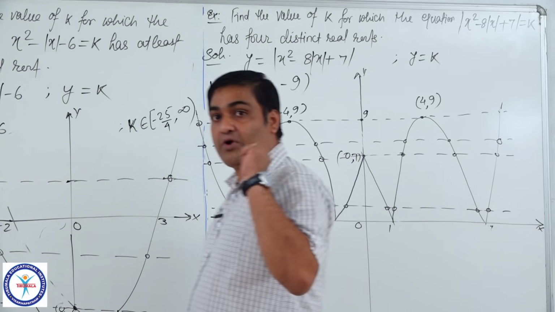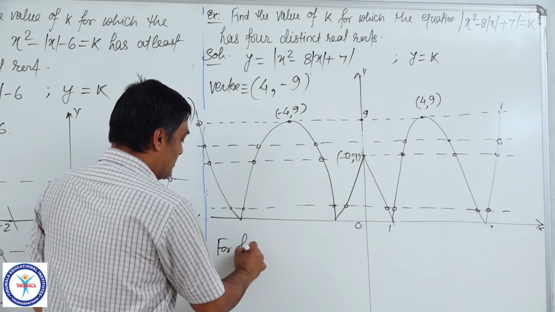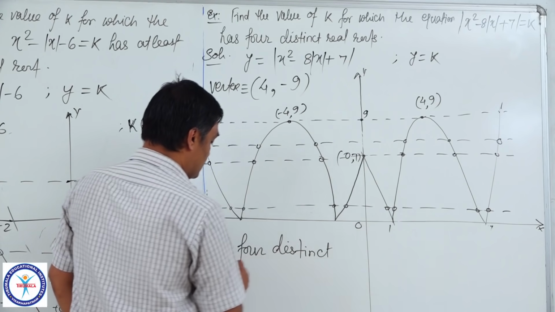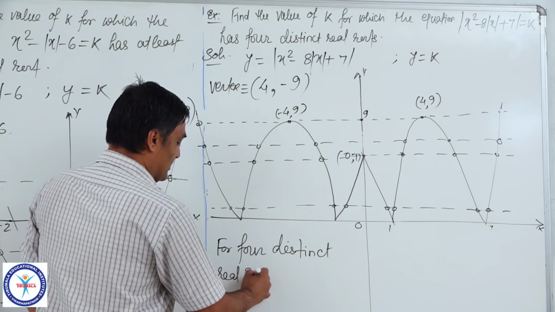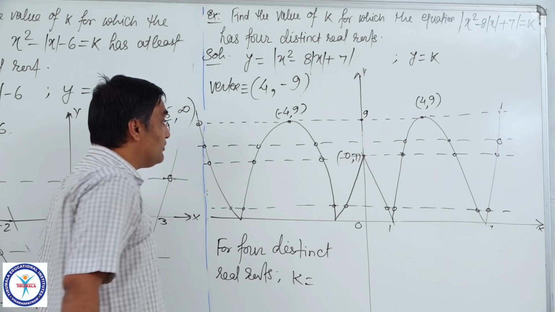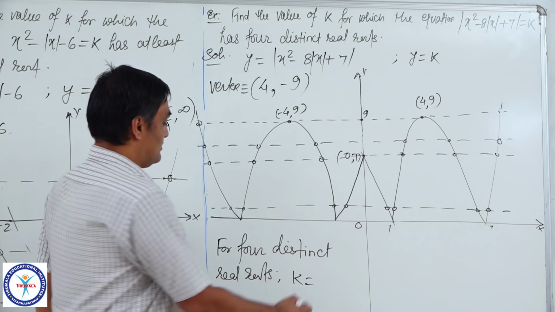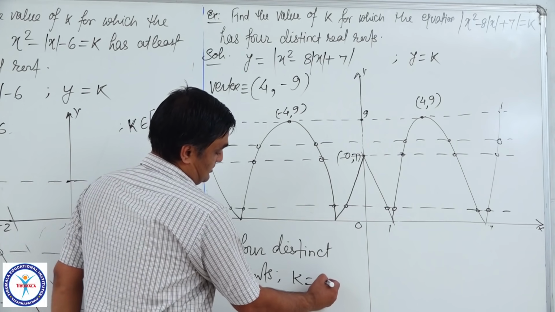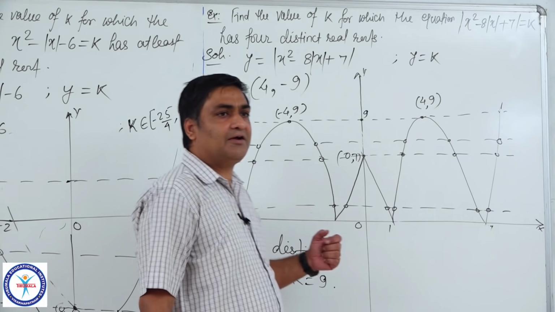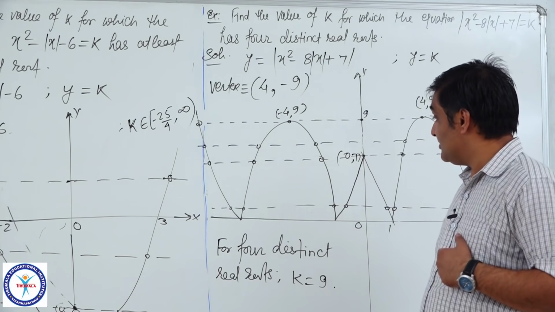So for 4 distinct real roots, the value of k should be what? 9. Now, the question is, can there also be 8 distinct real roots.